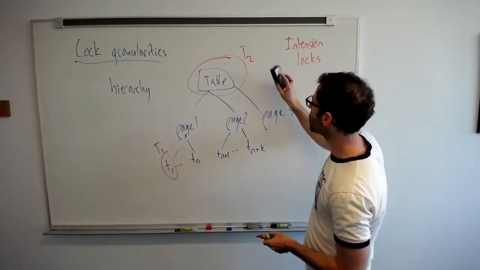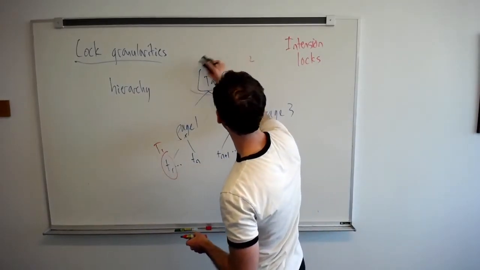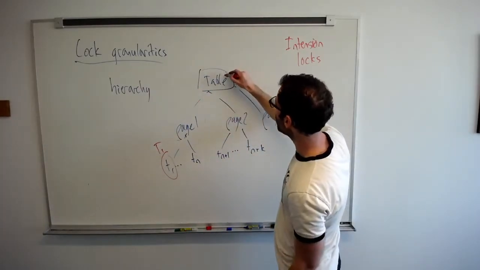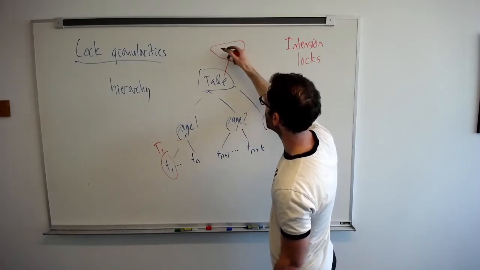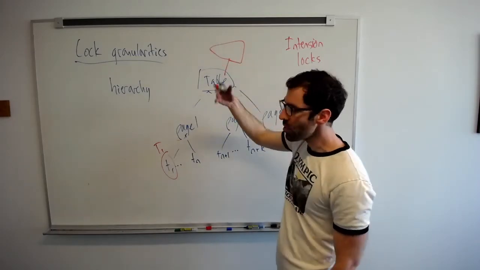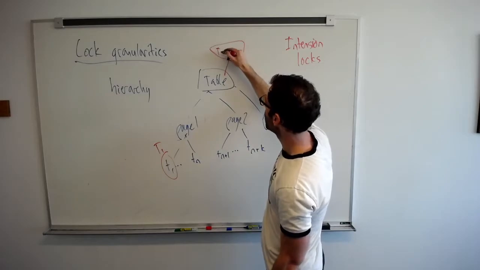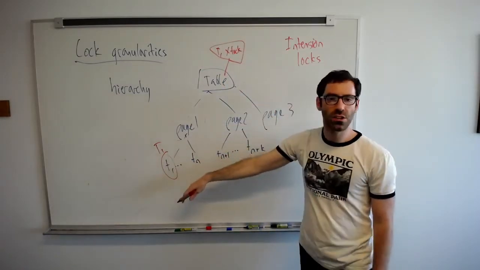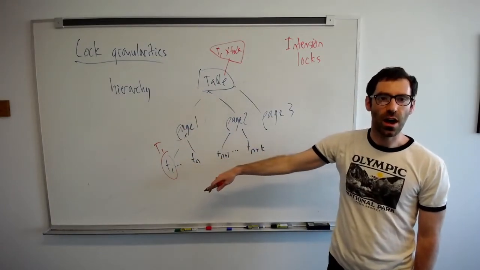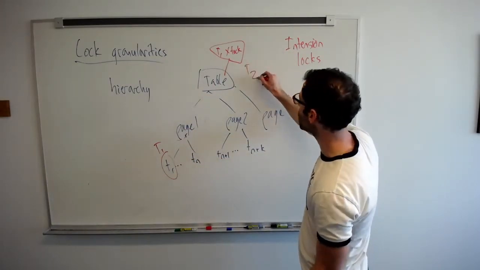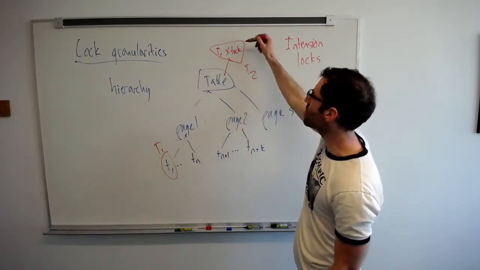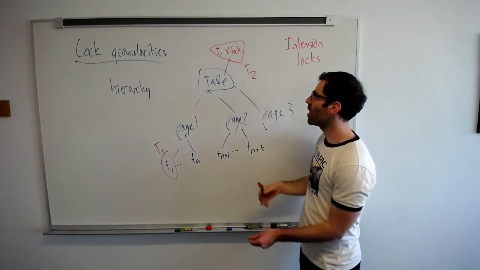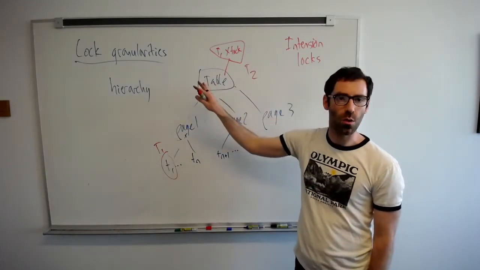And so T1 would leave a little signpost up here that says T1 is doing exclusive locking somewhere below in the hierarchy. Then when T2 arrives and tries to get the lock on the table, it sees this signpost, this intention lock, which prevents it from being able to lock the whole table.